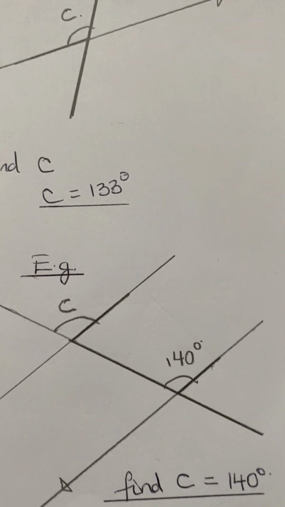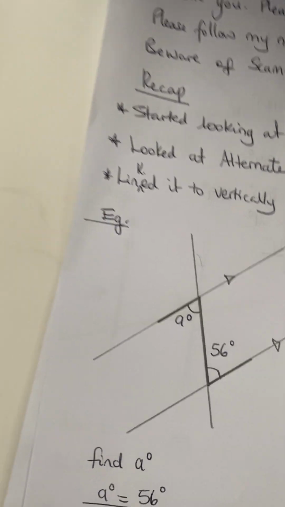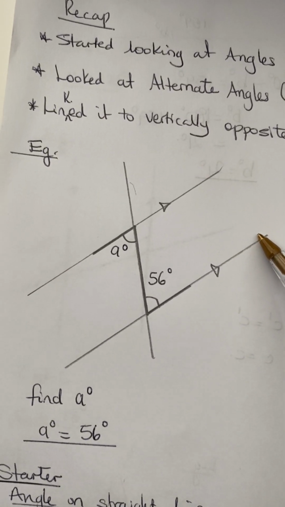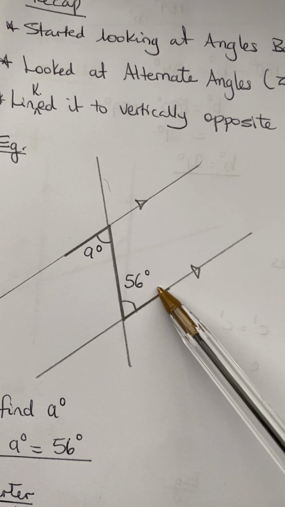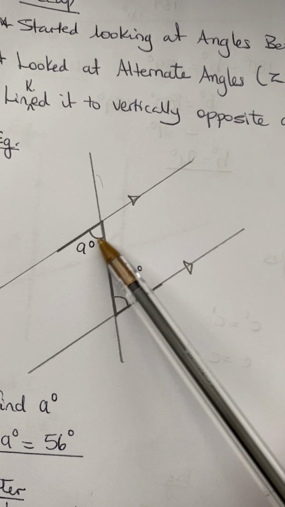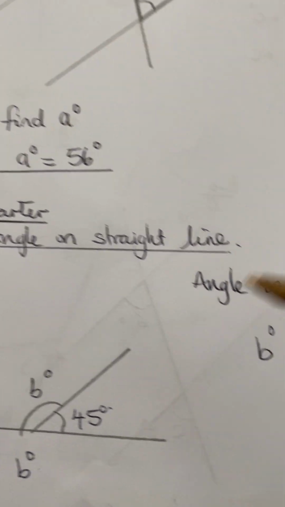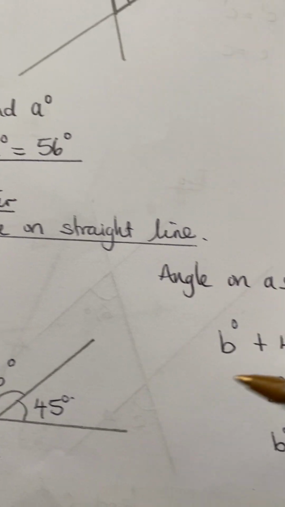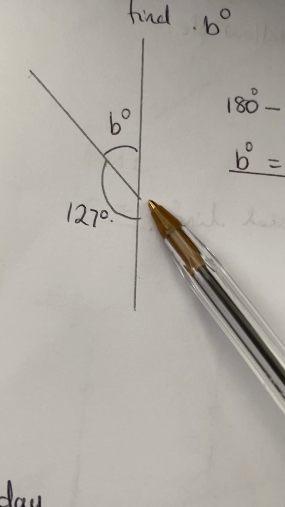So what have we been doing today? We have done some recap of what we've been doing so far. I showed you an example of what we did yesterday, the Z angles. Then I did a quick starter with you on angles on a straight line, which add up to 180.